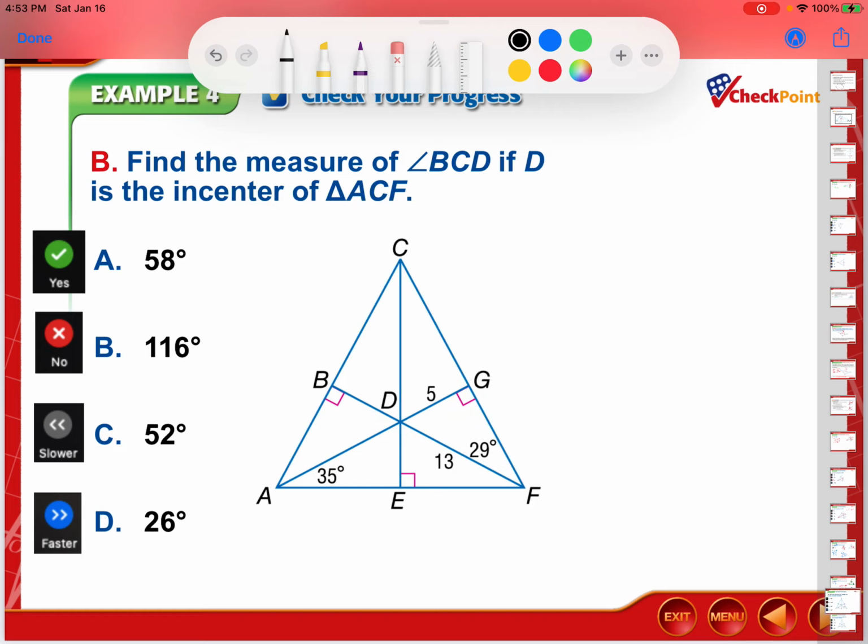I also lied about that being the last problem, apparently. So we need to find BCD. BCD, which would get, this side would be 58, 70, which means that would be 128, which would mean we'd need 52, right?